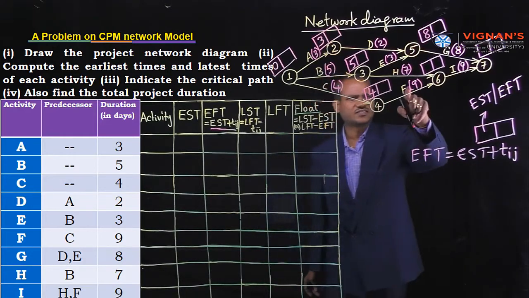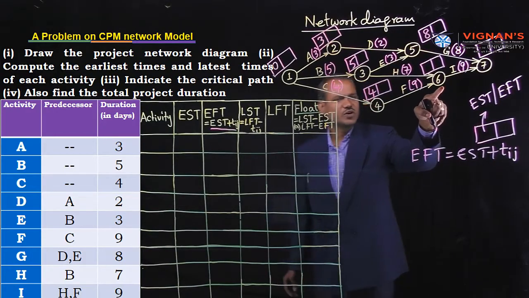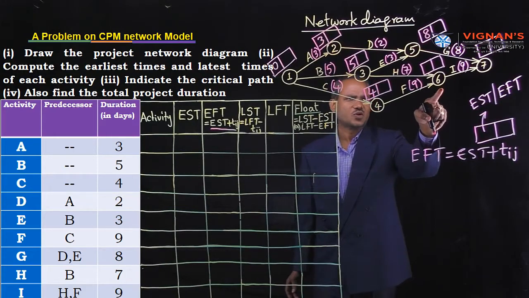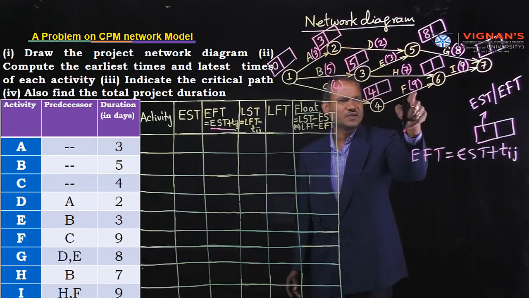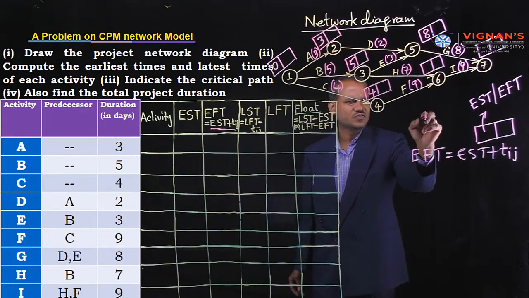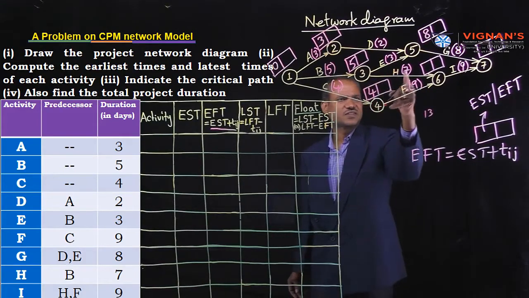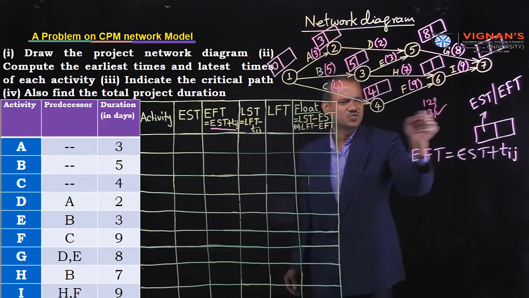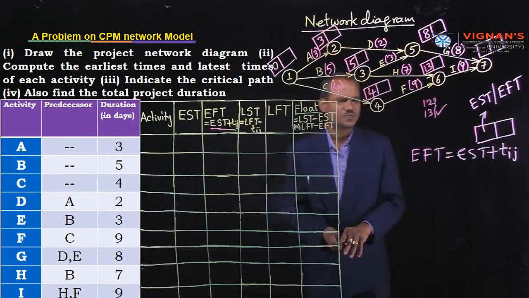Next, node number 6 or event number 6 is also a junction node or junction event. So there are two routes. Consider all one by one. 4 plus 9, 13. Another way, 5 plus 7, 12. Which one is maximum? 13 is the maximum, so mark 13.